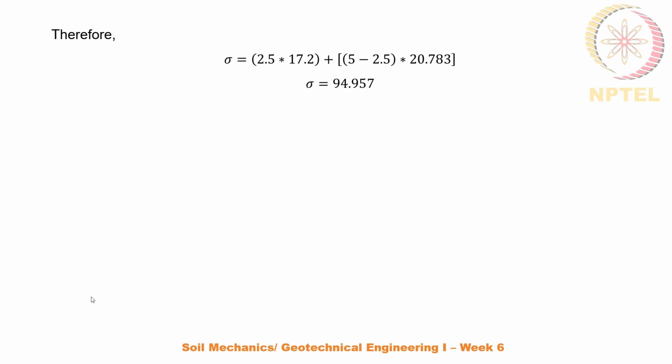Substituting in the shear strength equation, we have S is equal to 94.957 tan 30, which is equal to 54.82 kilonewton per meter square, is the required shear strength of the soil along a horizontal plane through the middle layer of the given sand layer.